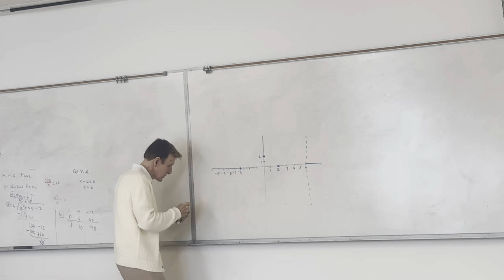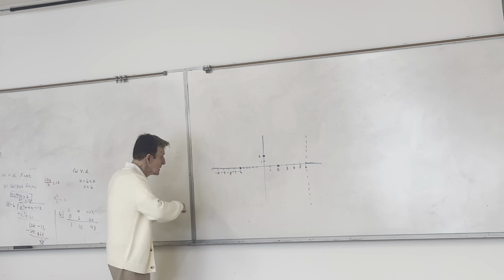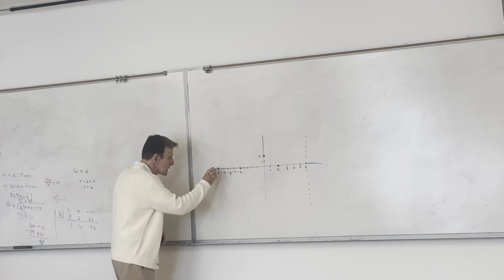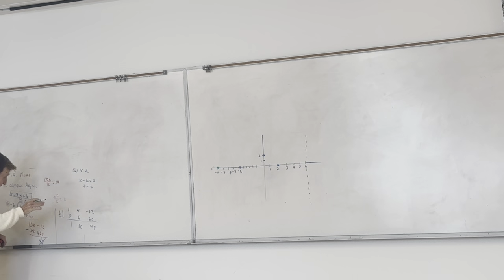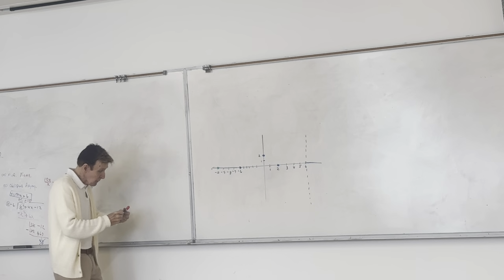Out here, do this in green. The point on that oblique asymptote. That's the x-intercept. For the y-intercept, replace x by 0 in the red here, and you end up with 10. Let's go to 10.